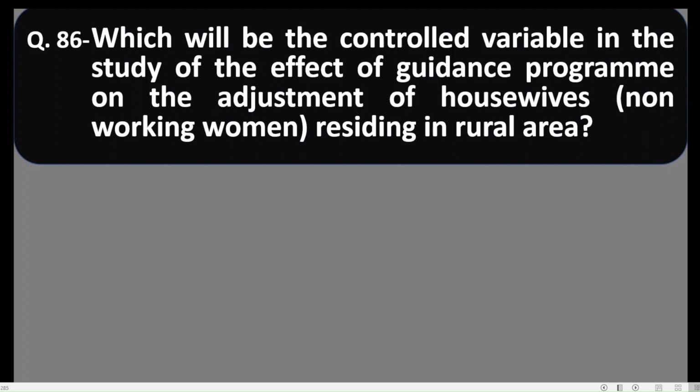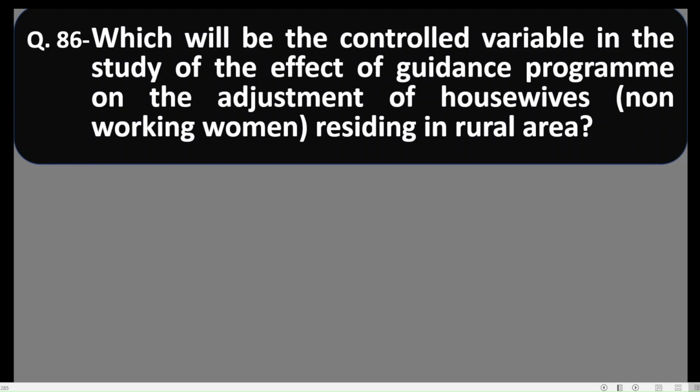The study is to be conducted to know the impact of guidance program on the adjustment of housewives residing in rural area. So this is an experimental study. Guidance program is treatment variable, or we can say independent variable. Adjustment is dependent variable, and we have to find the controlled variable.